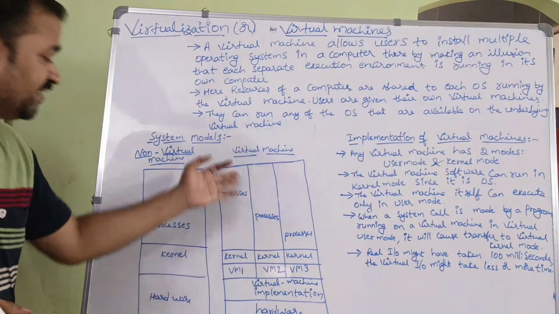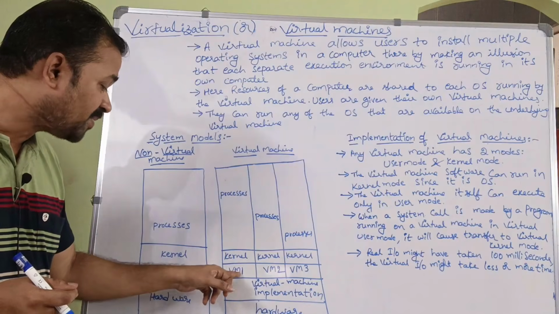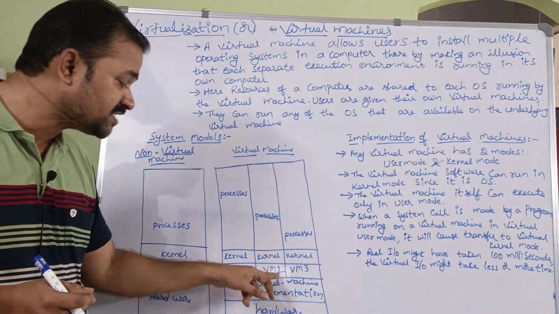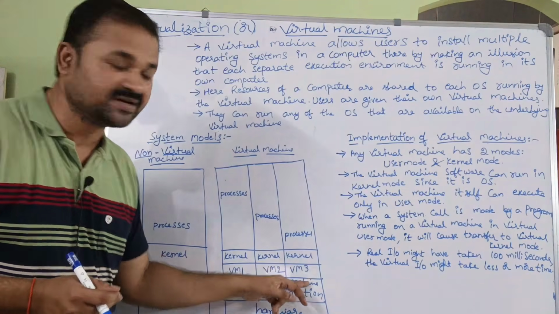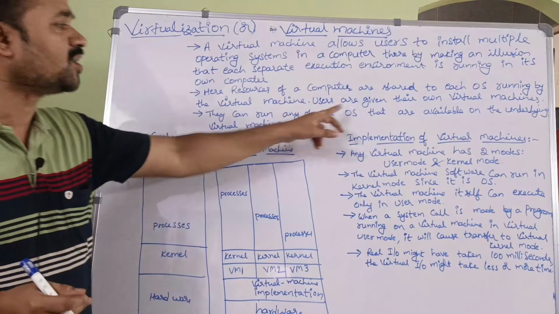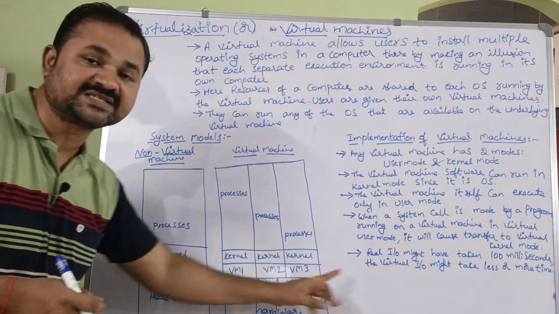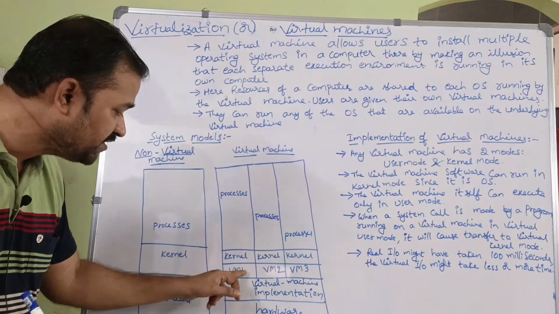On top of it, we have 3 operating systems. This is operating system 1 virtual machine, VM1. This is OS2 virtual machine, VM2. This is OS3 virtual machine. We know that users are given their own virtual machines. So here 3 virtual machines are given to the user. And this kernel belongs to VM1.